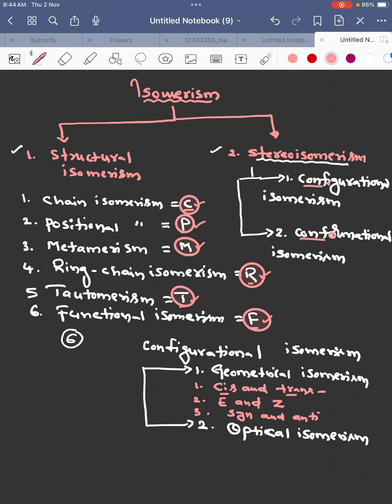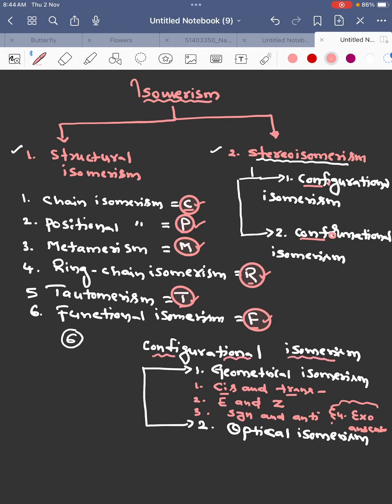Syn is equal to cis. Anti means opposite side. The fourth one is called exo and endo. It is for IIT Advanced.